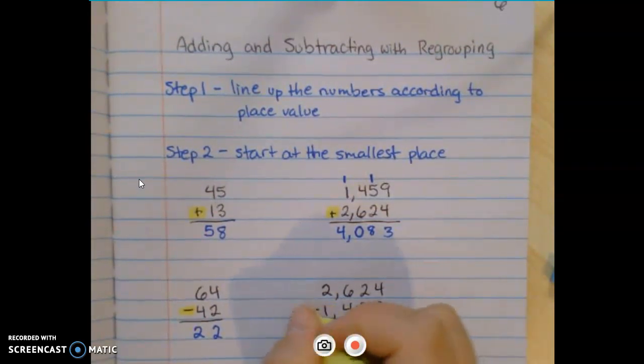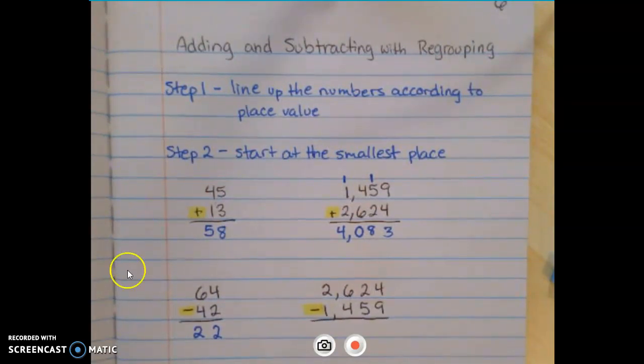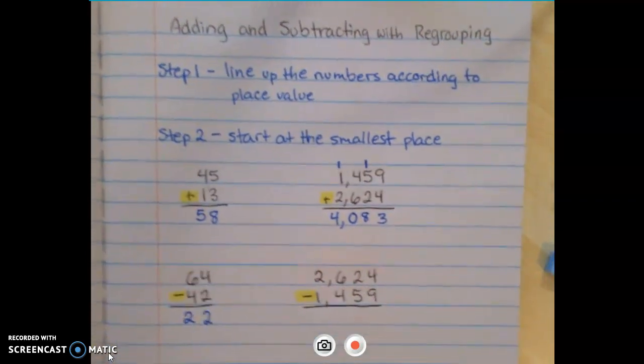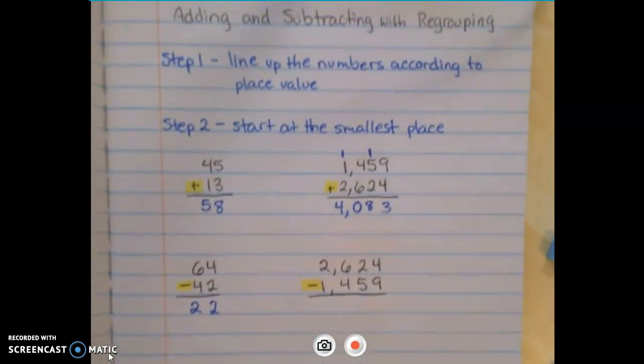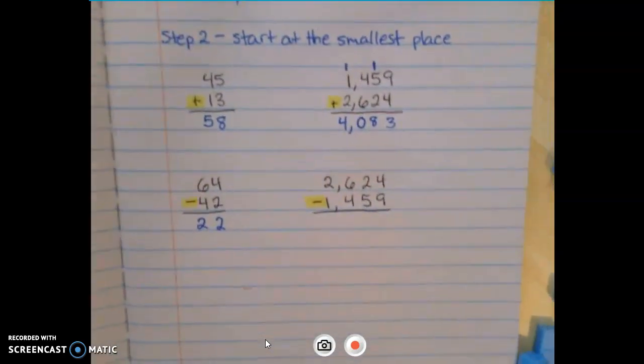Again, I am subtracting. Take a moment and see if you can solve this one on your own. Try to scoot this down a little bit for you guys.